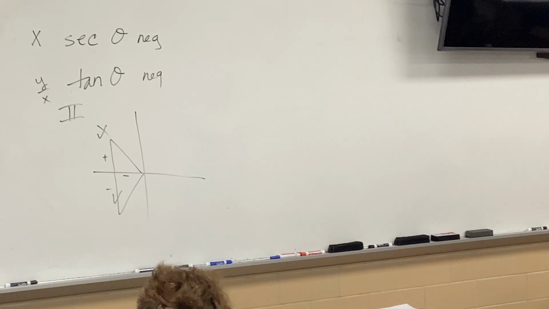So R doesn't matter. I just need X's and Y's. So sine and cosecant are Y's, cosine and secant are X's. And you know that from your definitions. Remember, this is given to you, right? So it's right there. You can look right at it.